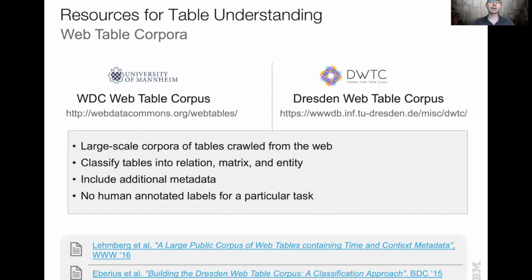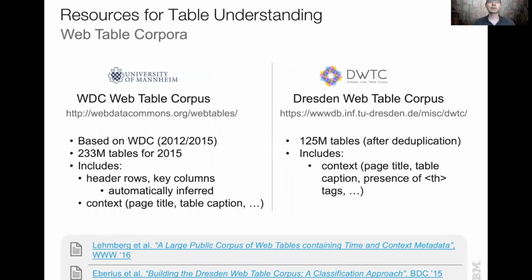Both of them are large-scale corpora of tables that were crawled from the web, and both of them classify tables into relation, matrix, and entity types, as we have explained earlier, and they also include additional metadata, such as page title, table captions, etc. To get a sense of the scale, they both contain hundreds of millions of tables coming from the web.